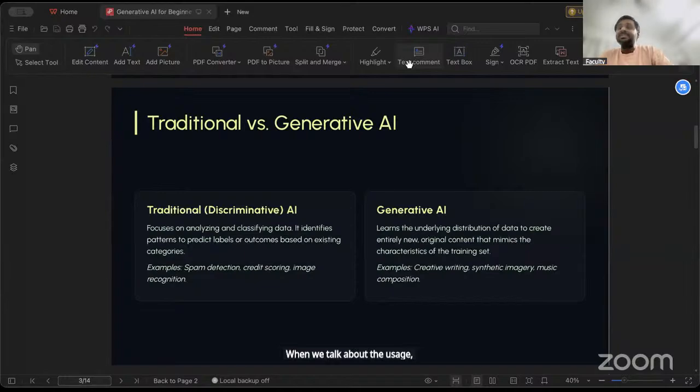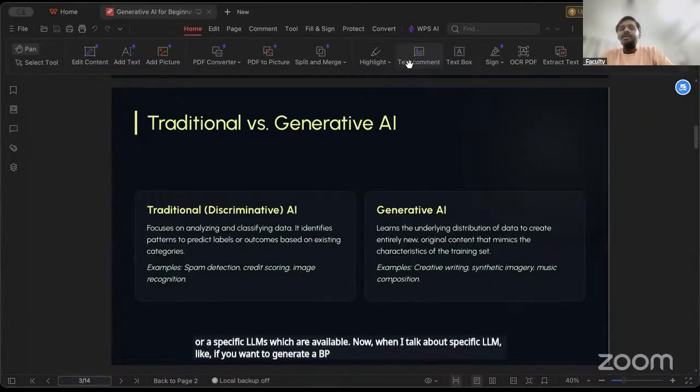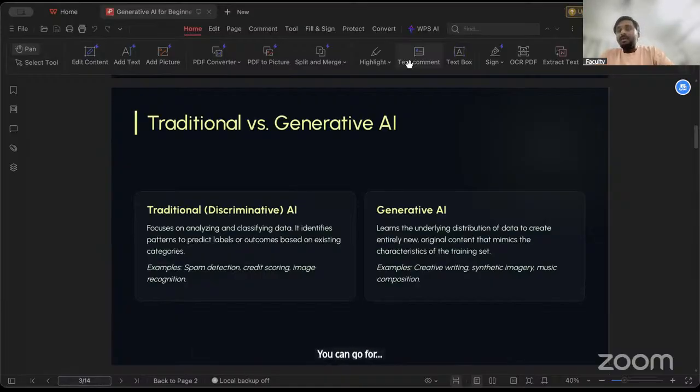There are specific LLMs available for specific uses. If you want to generate a PPT, you can go for gamma.ai. If you want to do research-based work, you can go for Gemini. So as per your requirement, you should be able to use these LLM tools. Then and only then you'll get a more precise and relevant outcome.